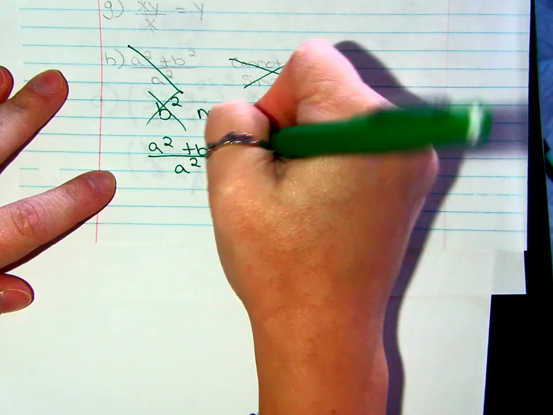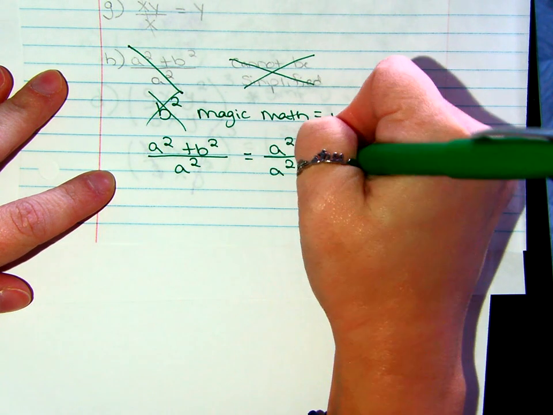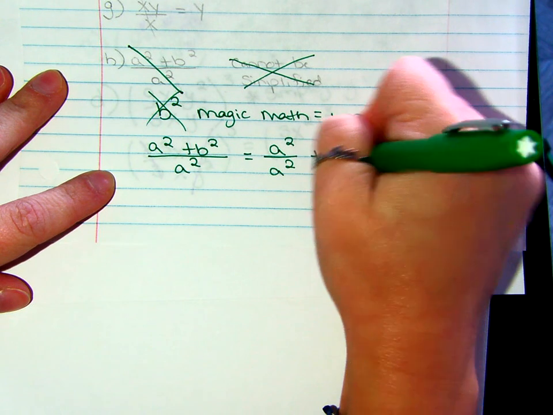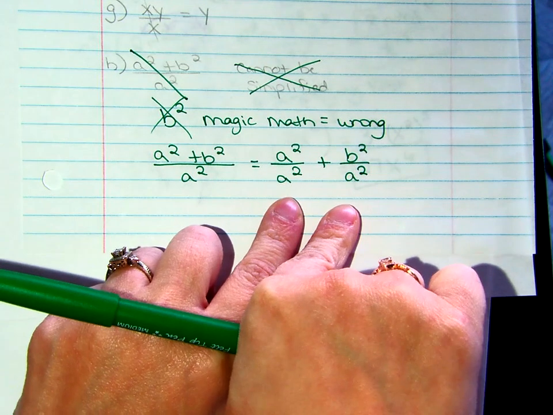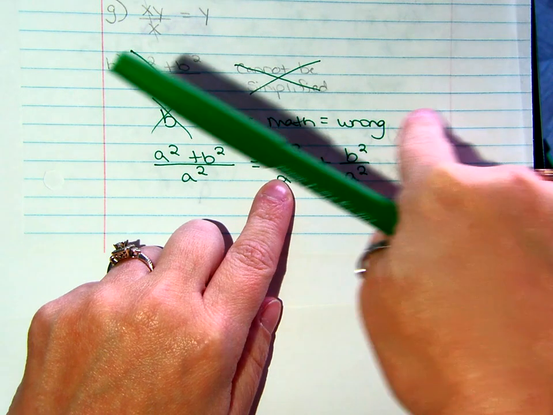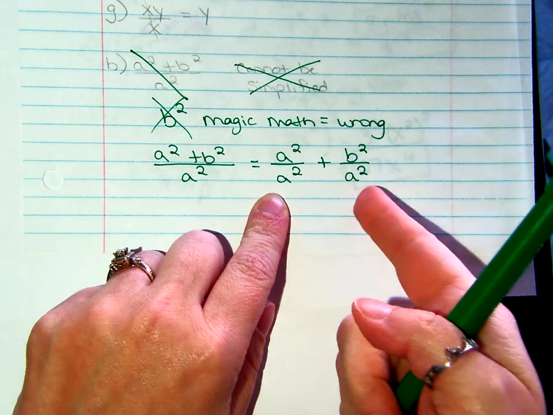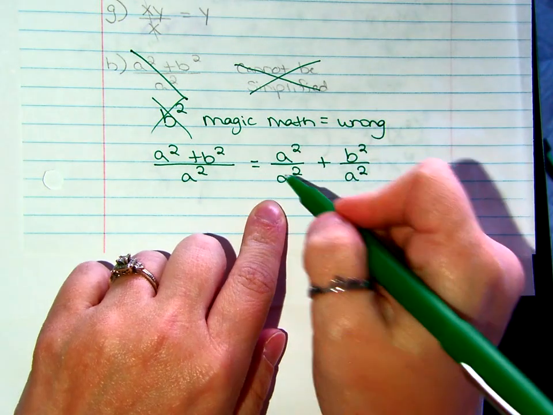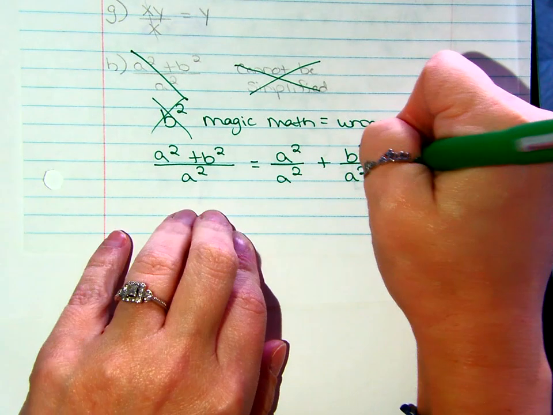So we would have a squared over a squared, plus b squared over a squared. Because when you combine fractions with common denominators, you just add the numerators and leave the denominators alone. So when I do this, you'll notice that this first term is a squared over a squared, which is 1. But I can't do anything with this second one.